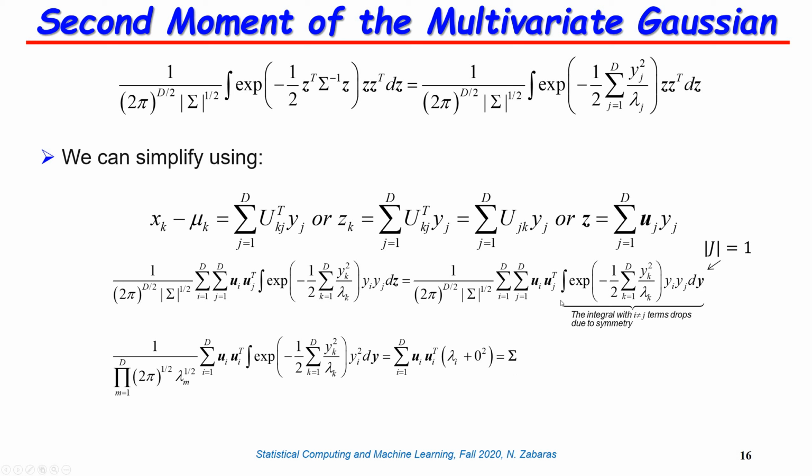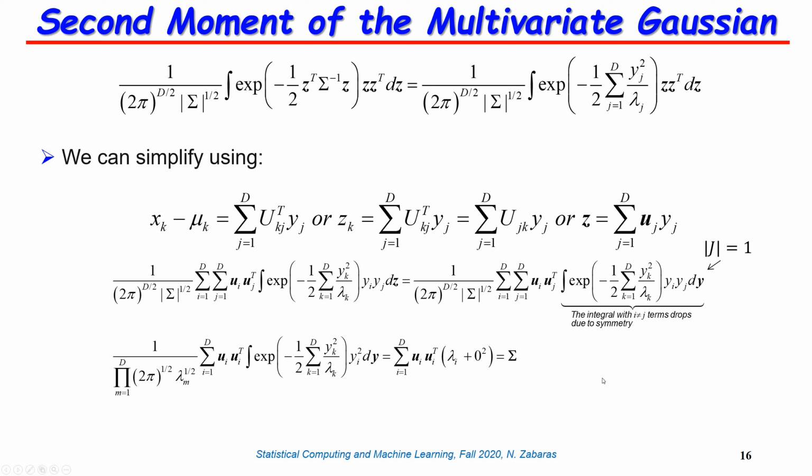And again, the key ingredient of the derivation is that these summations only give you non-zero values when i and j are equal to the same value. So the double summation becomes only a summation in i, and then taking the yi term from this summation times this normalization factor times the yi square, I get the second moment of a univariate Gaussian, and at the end of the day I have the covariance matrix sigma.